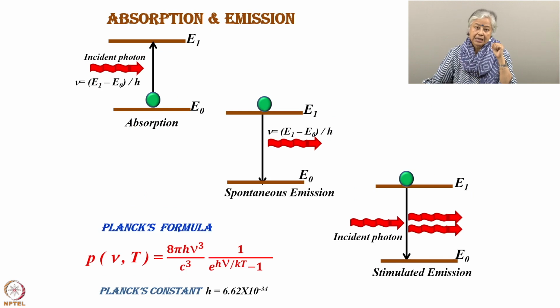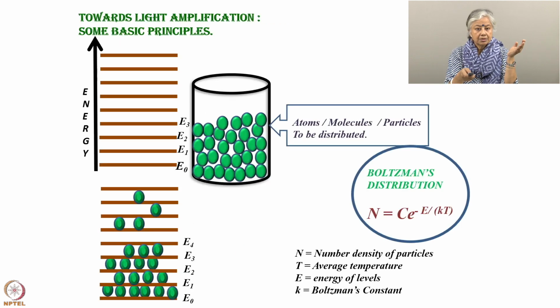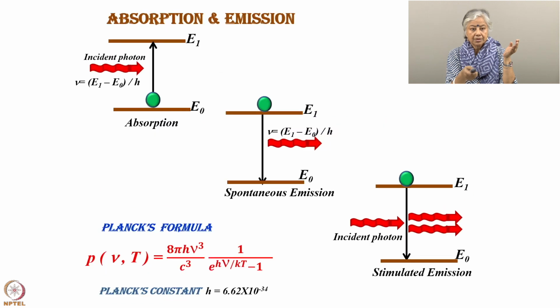Now that we have decided how the particles have been put in each of these energy levels, I will just take the lowest two energy levels, E0 and E1, and show them here.